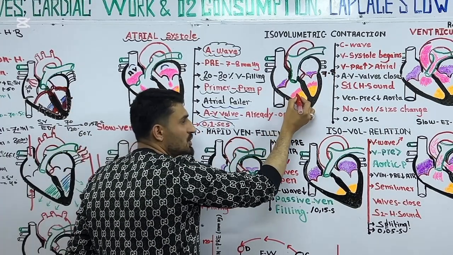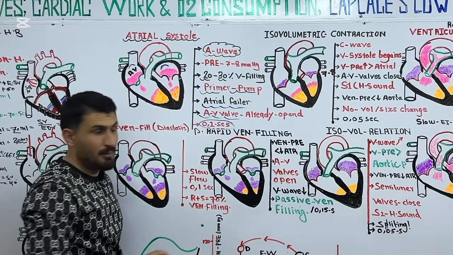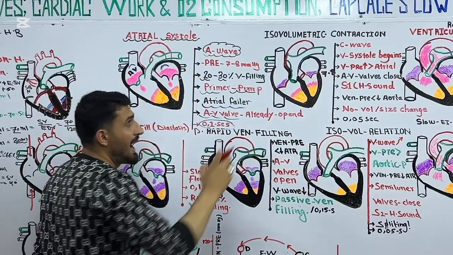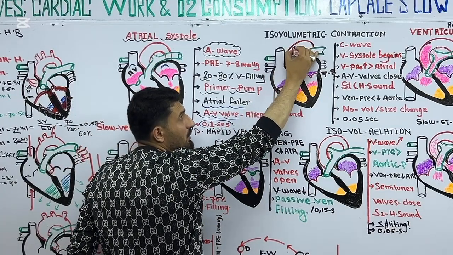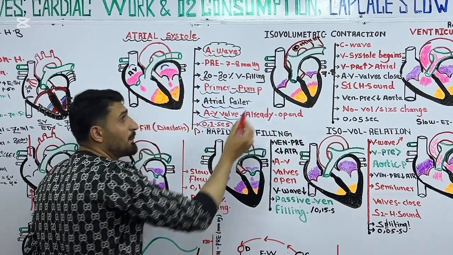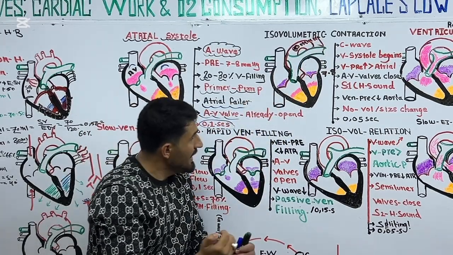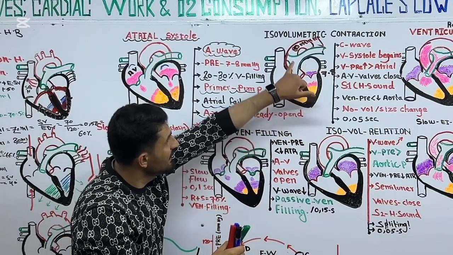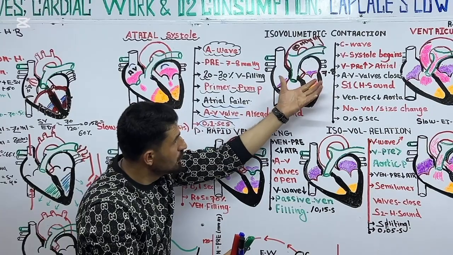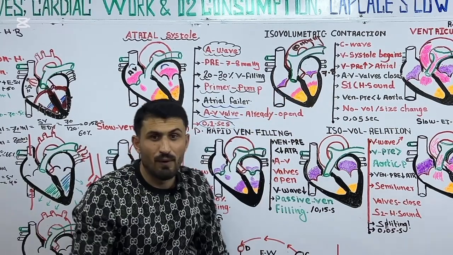So here the pressure will be more than 8 millimeter mercury because it contracts, so it generates pressure. And in aorta, the pressure is around 80 millimeter mercury. So the pressure here will be less than 80. So when pressure is less than aorta and more than atria, this pressure closes these two valves.